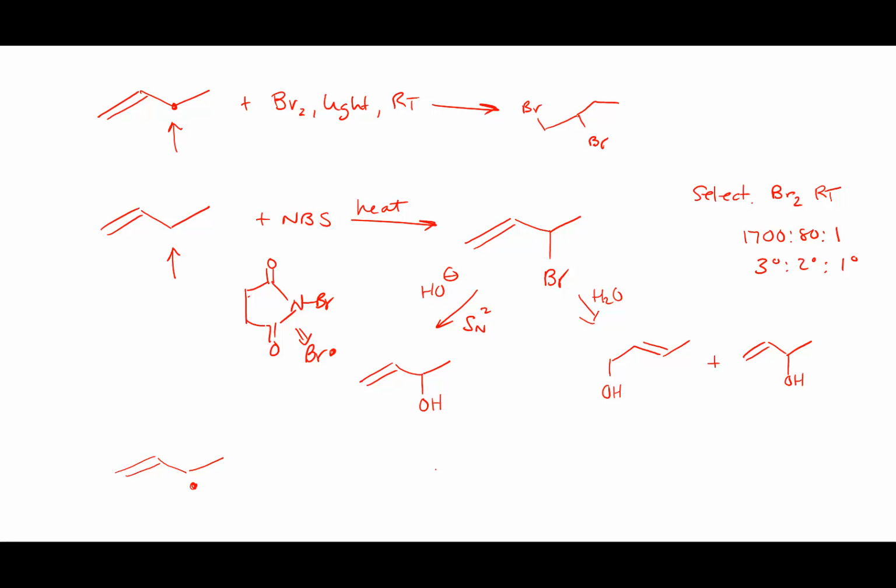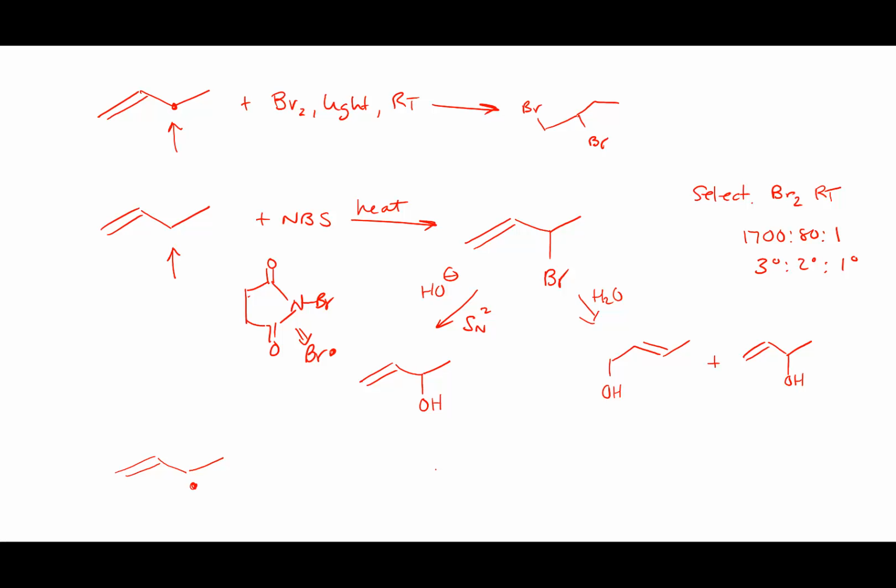Again, ignoring the idea that when we did an anti-Markovnikov addition, our Br dot added to the double bond to add HBr anti-Markovnikov. We're again ignoring that. I shouldn't have brought it up. This Br dot is just going to do free radical halogenation. So it's going to add a bromine there. But it will not produce molecular bromine that would add to the double bond.